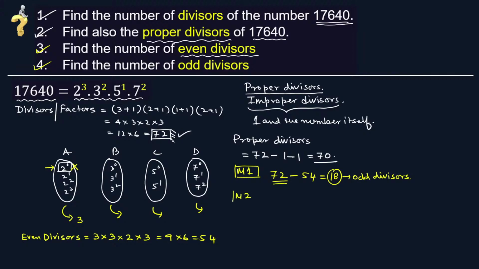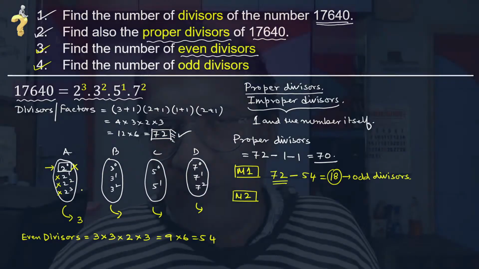Now, if we try to do it logically, how will we do it? You see, it is an odd divisor. It means that now I will not select 2 to the power 1, 2 to the power 2 or 2 to the power 3. Because if you choose any one element of these 3, it is going to become an even divisor. So to avoid getting an even divisor, you should avoid taking 2s.